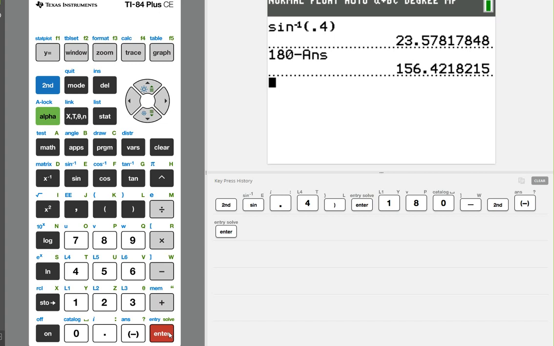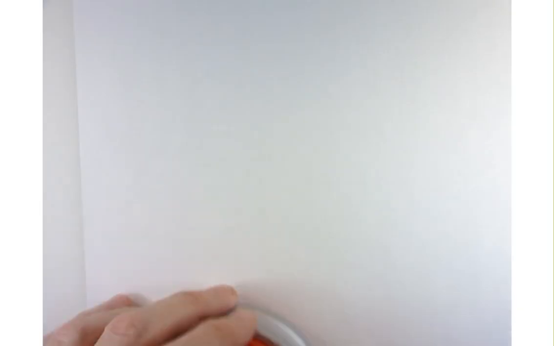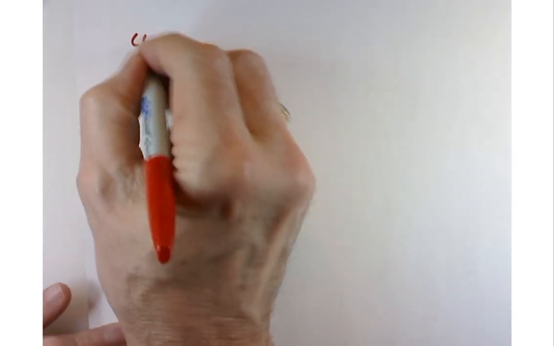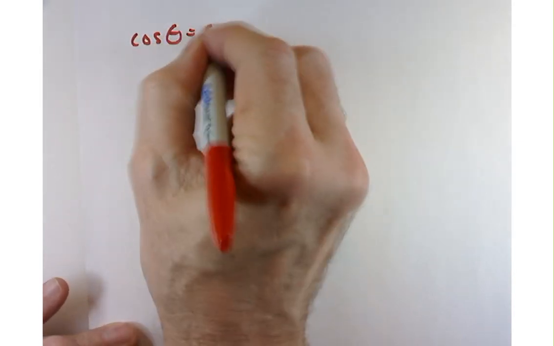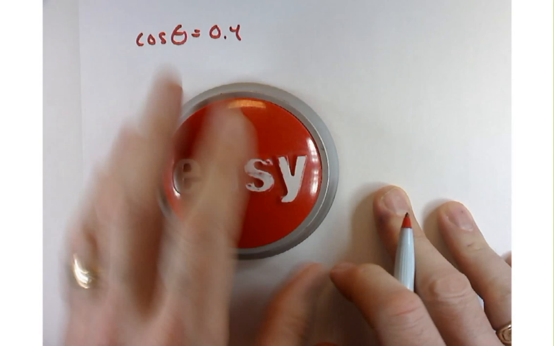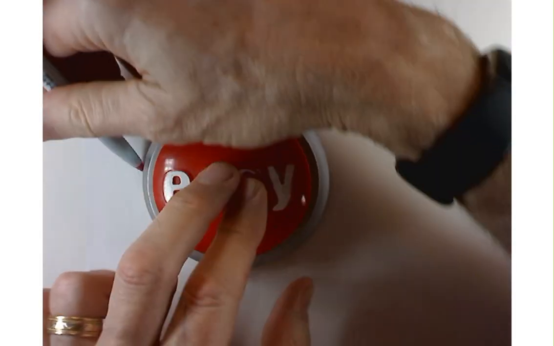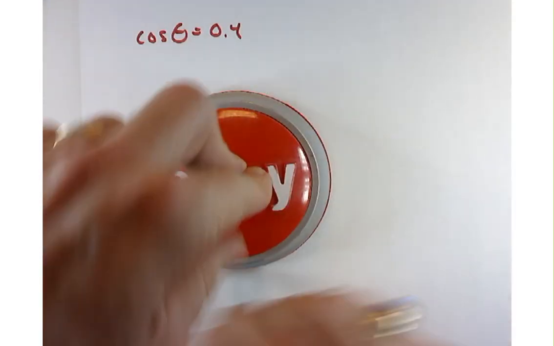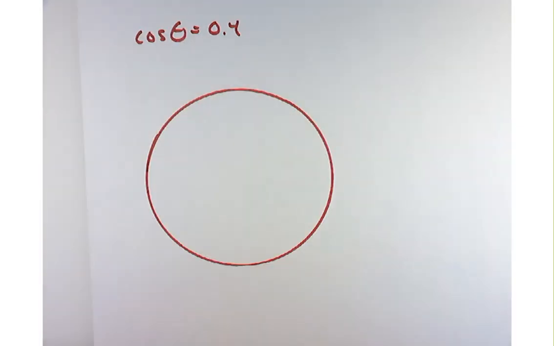What if I ask you that same kind of question, except this time it's the cosine of theta equals 0.4. How does that change things? We gotta go on the x-axis now.